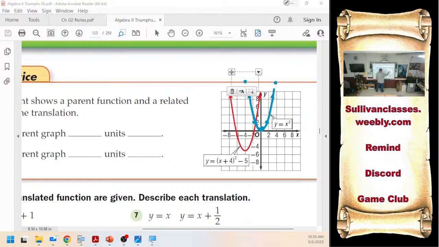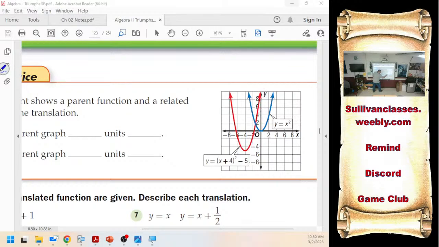They're taking every one of these points, and to get over to this one, they're moving it 4 units to the left and 5 units down. And it's going to match perfectly. Okay? This is how we're going to get graphs in other places besides on that y-axis.